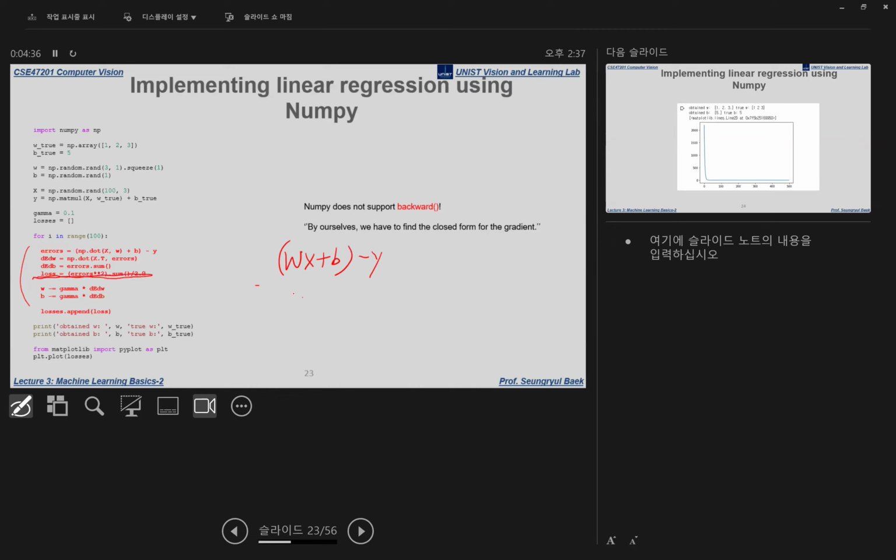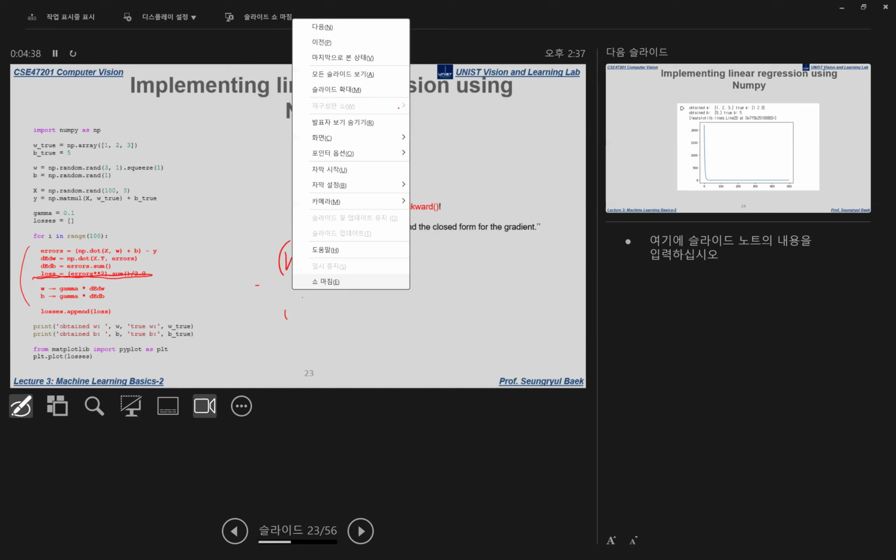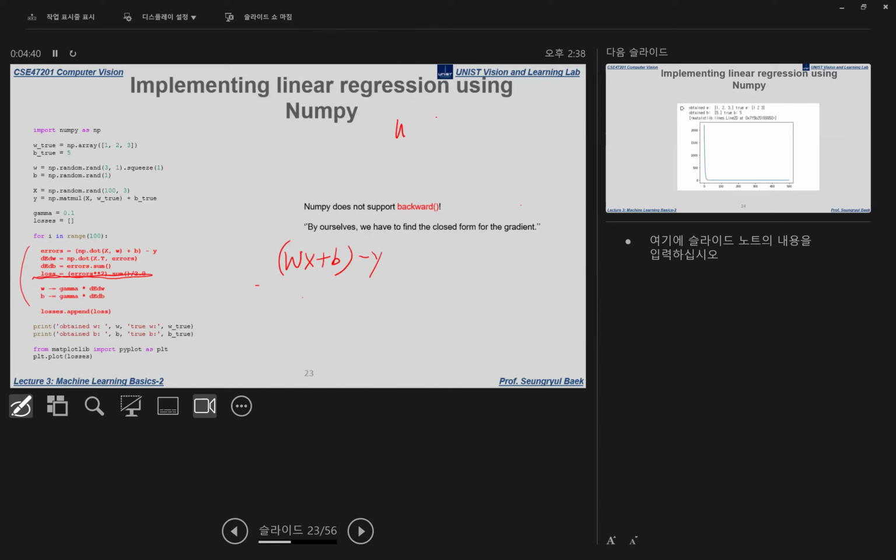This is the loss. As I mentioned, our loss is the distance between our predicted value, from the linear regressor, and our ground truth. We measure their distance with the Euclidean distance, and this is the formula for that.